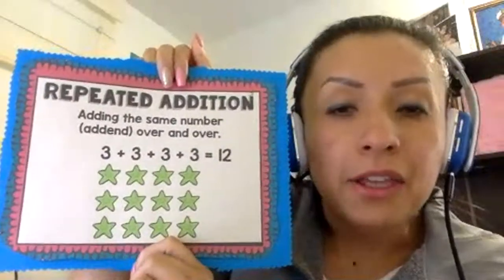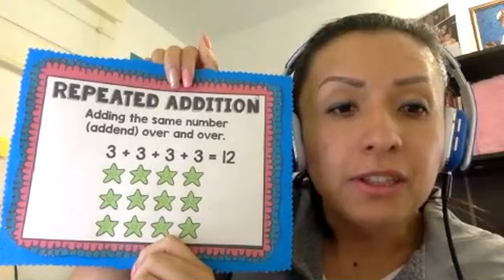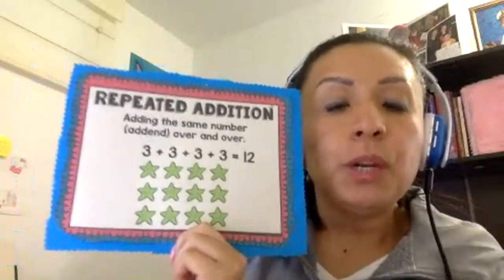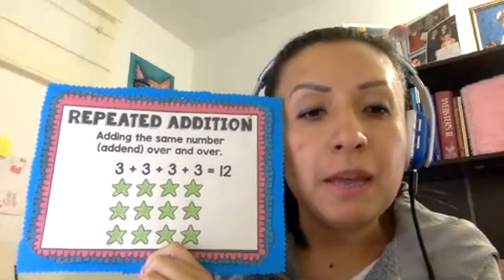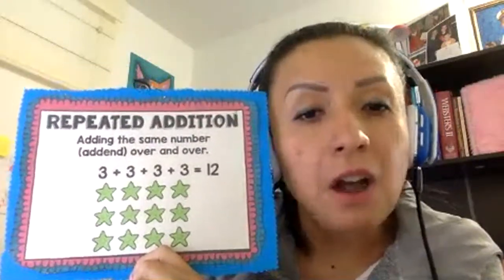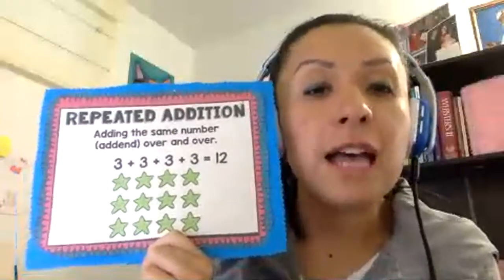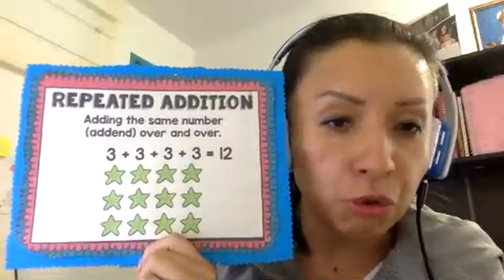We are adding 3 four times. With repeated addition, we can find the total number of objects faster. Later on, you can replace a repeated addition with a multiplication to find more easily and faster the total number of objects in a group.